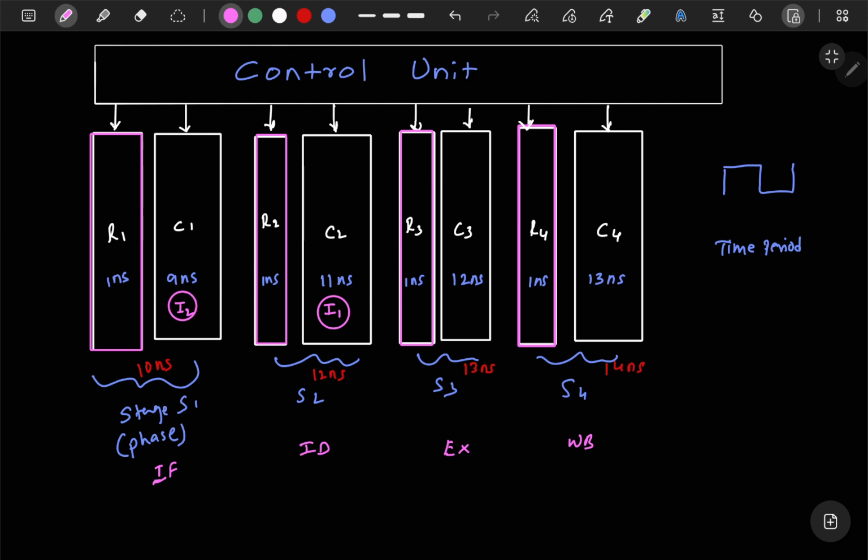Just assume this, right? Now I have to set a clock time period also, right? Now let us observe what would be the problem. Now my question is, what would be the time period?